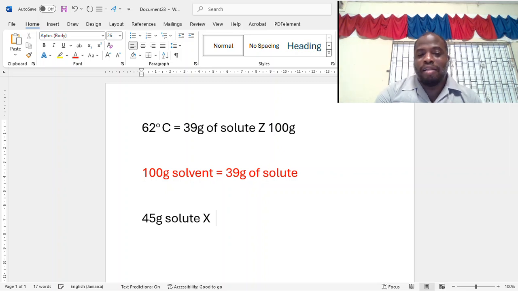So ask yourself, who is going to be the denominator? If you had said 39 grams of solute, you're correct. Who would be the numerator? 100 grams of solvent.